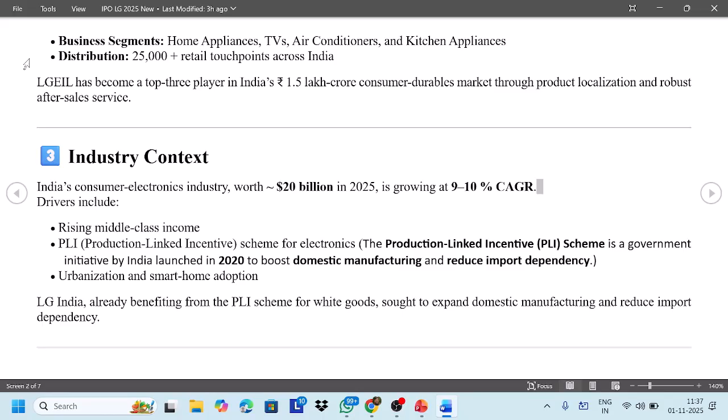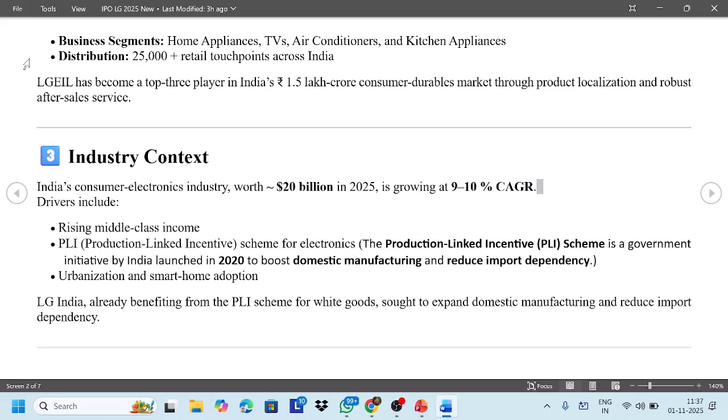Business segments: home appliances, TVs, air conditioners, and kitchen appliances. Distribution: 25,000-plus retail touchpoints across India. LGEIL has become a top three player in India's rupees 1.5 lakh crore consumer durables market through product localization and robust after-sales service. Okay, I think it's all self-explanatory.